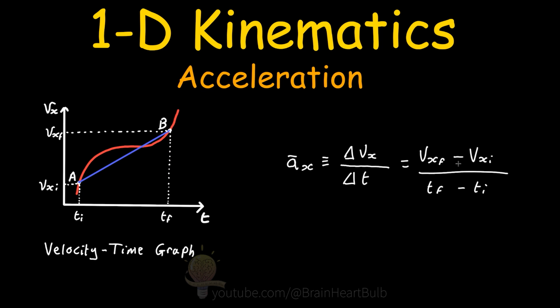And we can see these variables on our graph here. So the average acceleration, which is a vector, is represented by this blue straight line here.